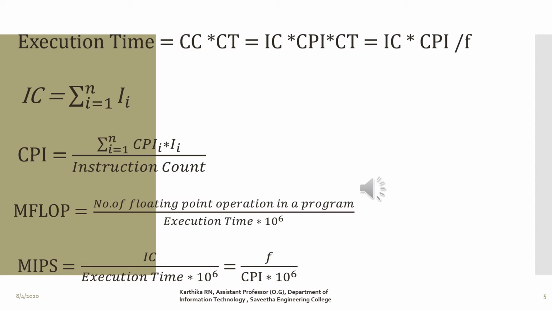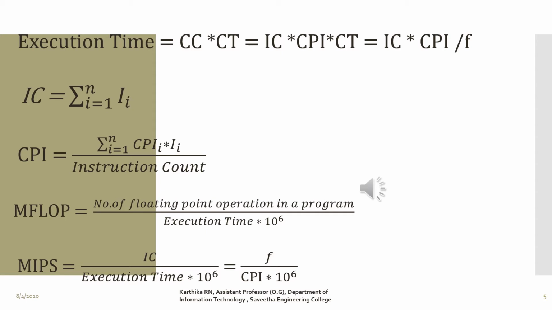CT is nothing but your cycle time, where clock cycle into cycle time can be rewritten as instruction count, that is IC into CPI, cycles per instruction, into cycle time. This can also be rewritten, where CT is replaced by 1 by F, that is IC into CPI by F.